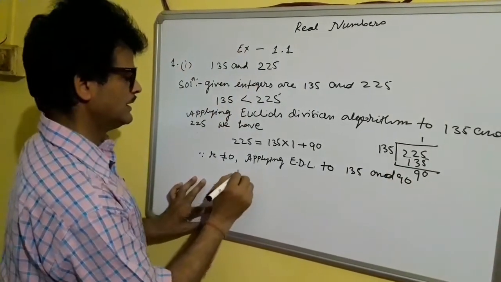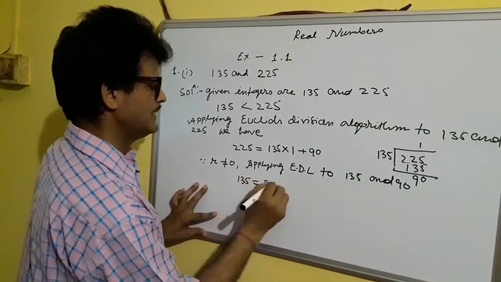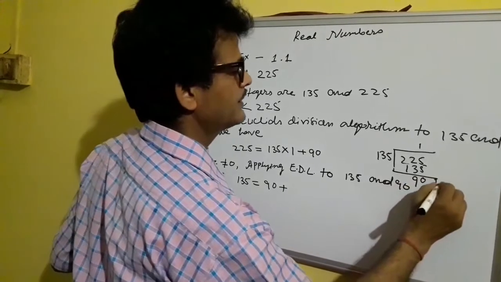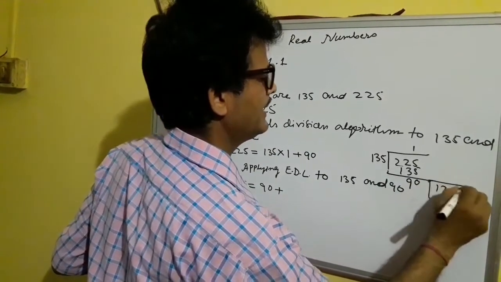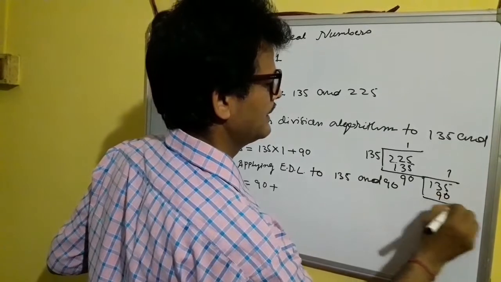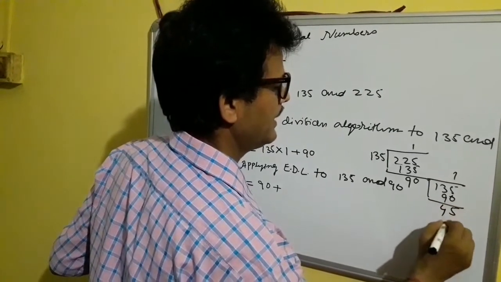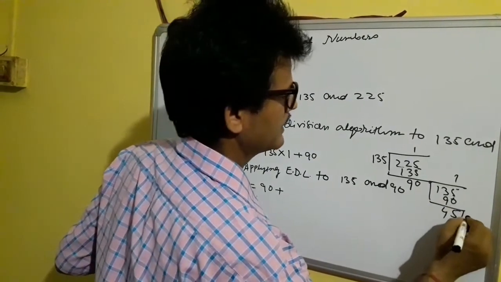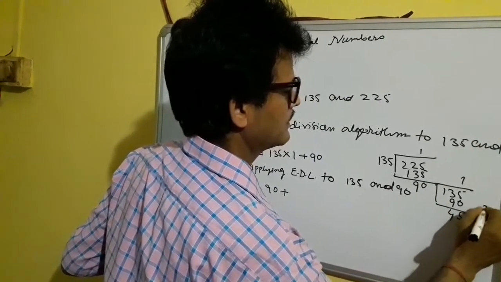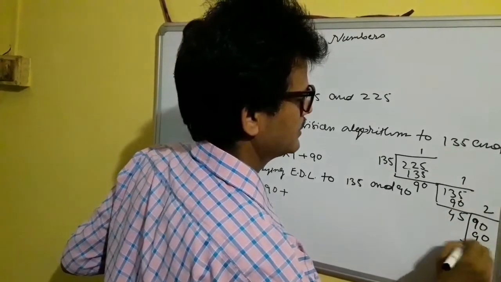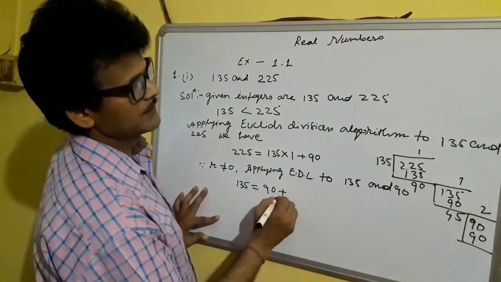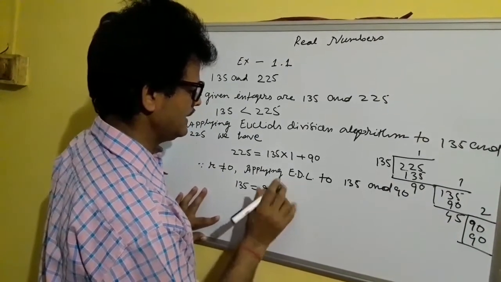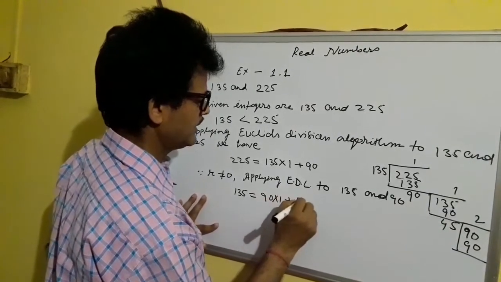What do we get? 135 equals 90 plus how much? Again we divide 135 by 90, one time is 90 left. If you subtract, you will get 45. So 90 into 1 plus 45.